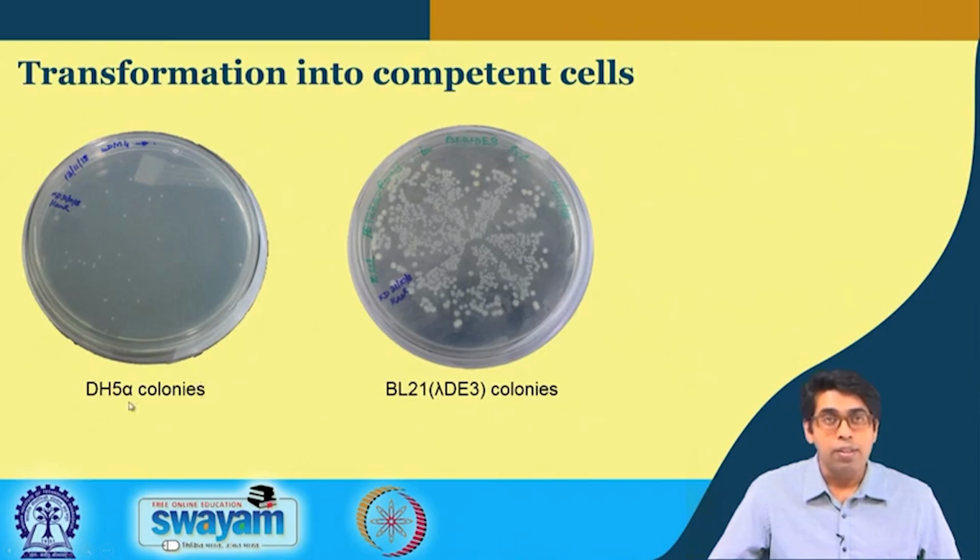These type of cells are typically used to maintain a plasmid library, so we do not use these DH5 alpha cells to make our protein. To make proteins, to overexpress the protein, we use a different cell which is BL21 lambda DE3. So, you have to extract out the vector from these bacterial cells and transform them into this type of cells, and again the process is the same.